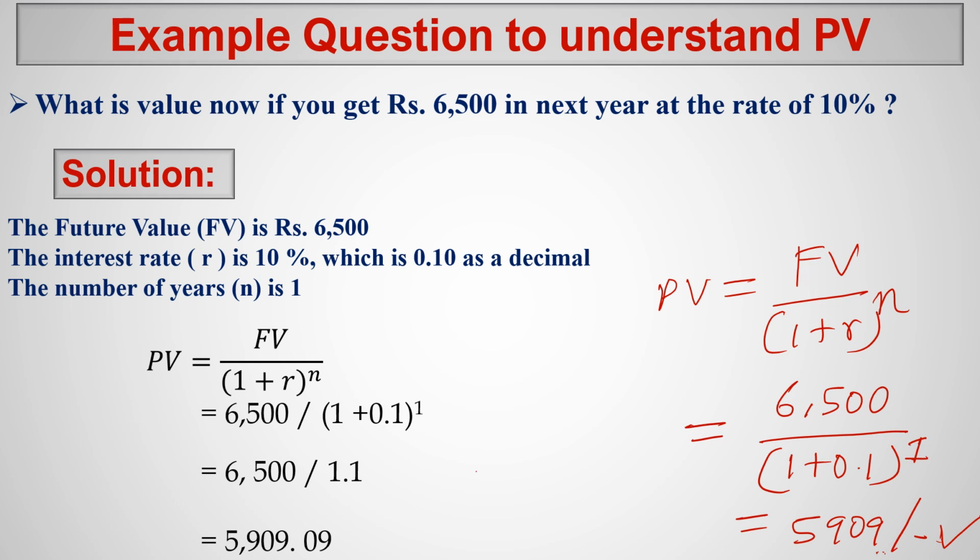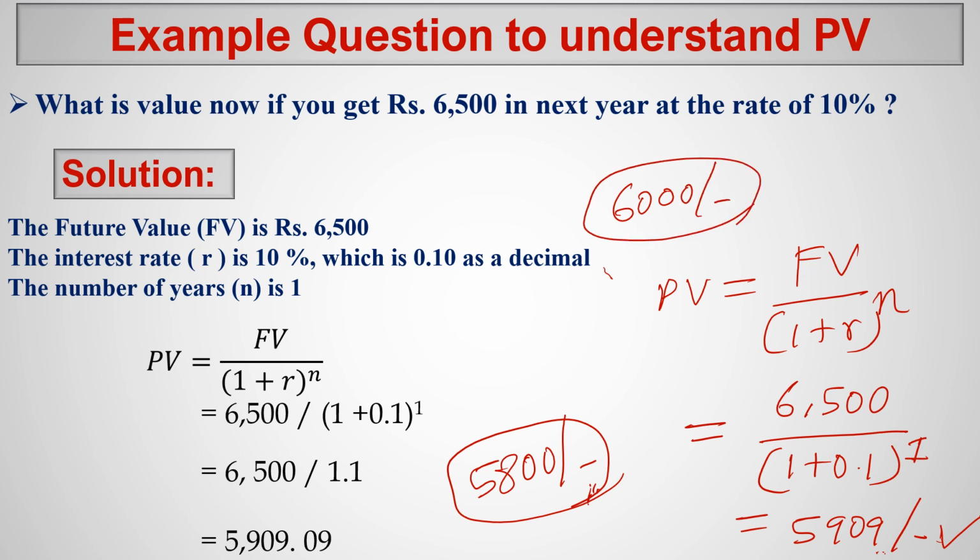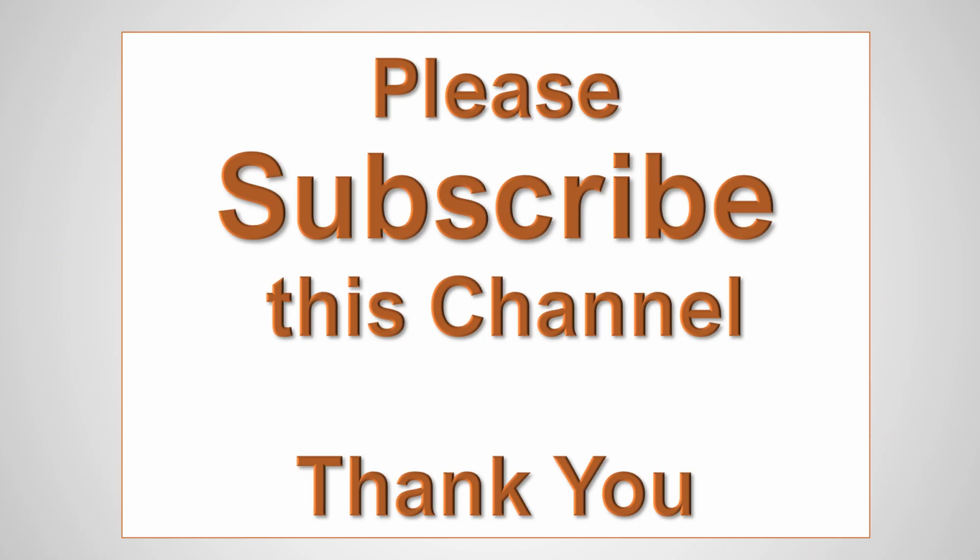If you give 5,800 today and ask him to give back 6,500 after 1 year, that is okay. But if you give him 6,000 today and ask him to pay 6,500, then you're losing money, because the 6,500 next year is about 5,900 in today's value.